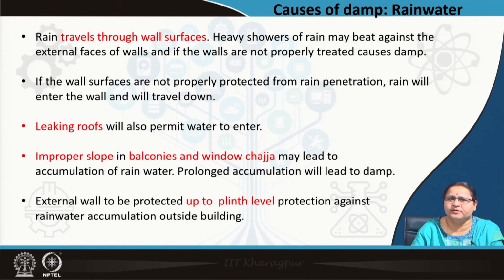The external wall is to be protected up to plinth level against accumulated rainwater in the surrounding areas of the building. I discussed that with the picture earlier.